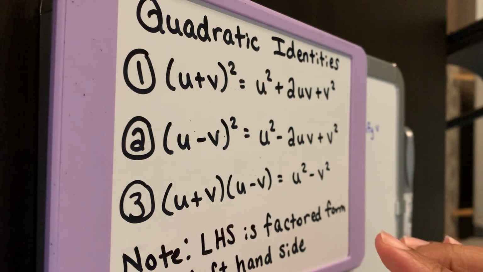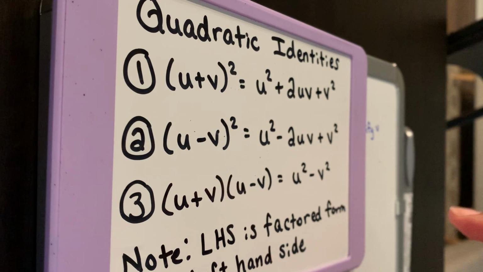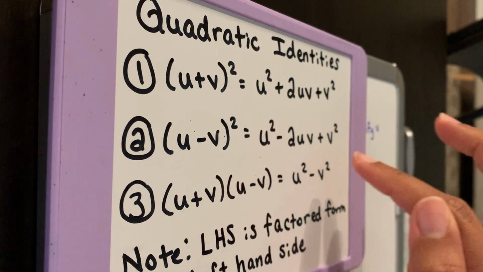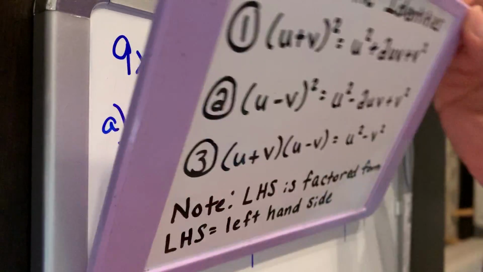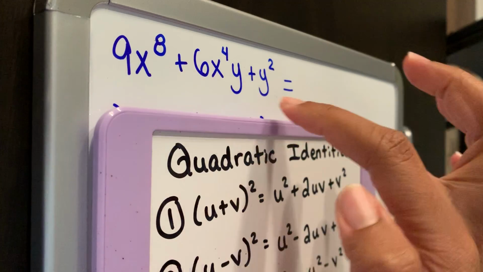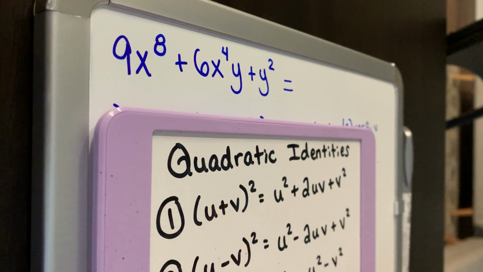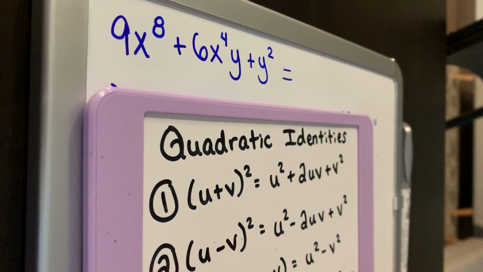On the right-hand side, u squared plus 2uv plus v squared, u squared minus 2uv plus v squared, and u squared minus v squared. Which one of those looks like it could possibly match this? I know all the variables are different, but just pay attention to the format for the terms.